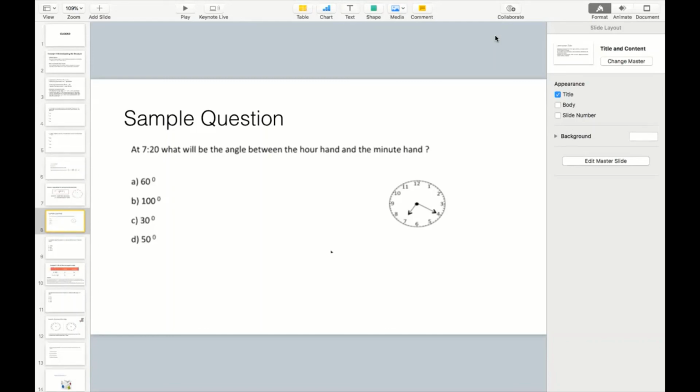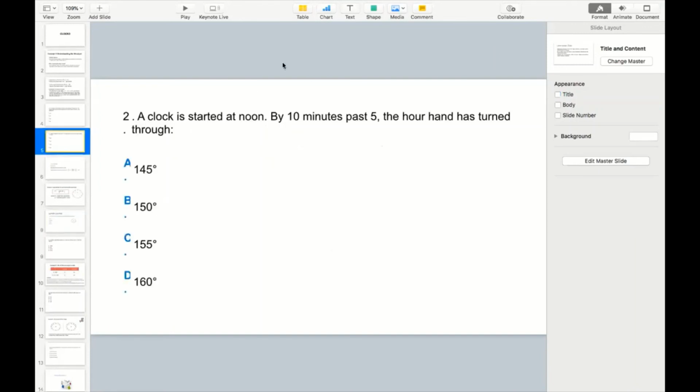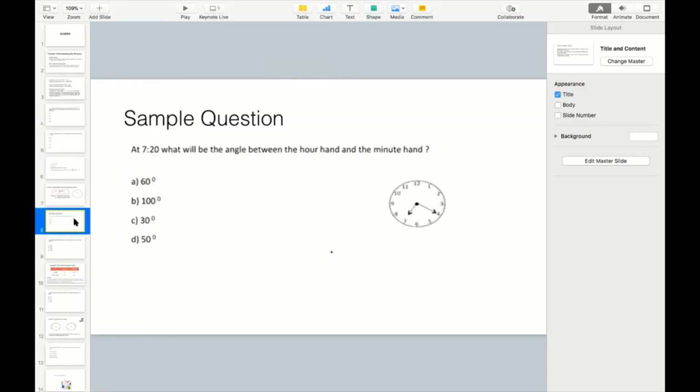Great. So this is the angle covered by the minute hand. Now, can you tell me, when the time is 7:20, what is the angle covered by the hour hand? Just a question back we did this question, where you found the angle covered by the hour hand. Similarly, when the time is 7:20, what is the angle covered by the hour hand?